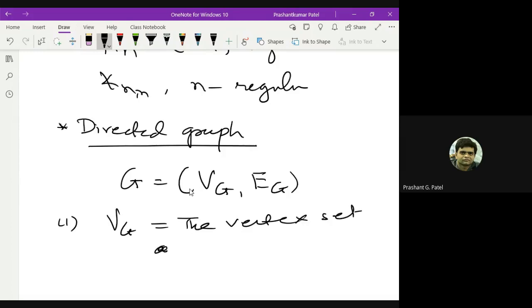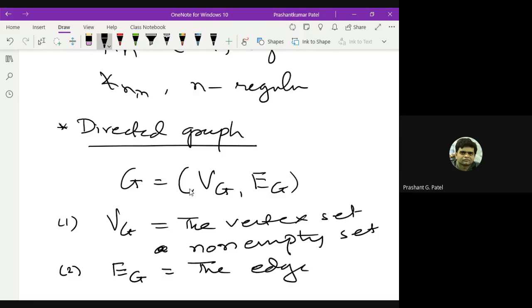It is never empty, so it is a non-empty set, and its members are called vertices or nodes. Another one is the edge set. The edge set is possibly empty. It is possible that it is empty. But the difference between the definition of a graph and a directed graph is here. That means there are directed edges here.